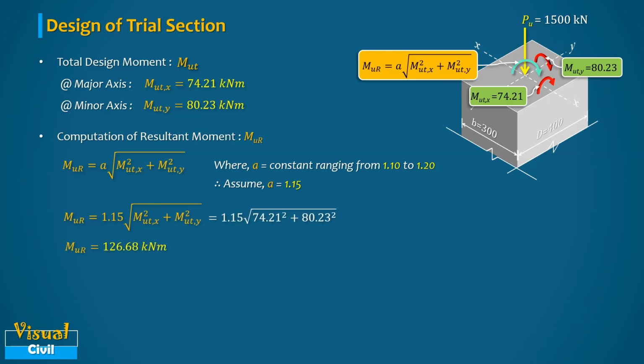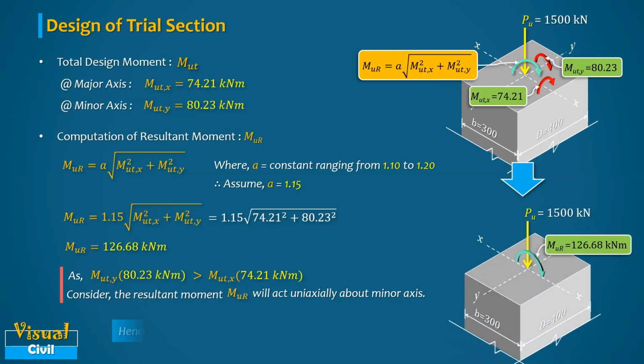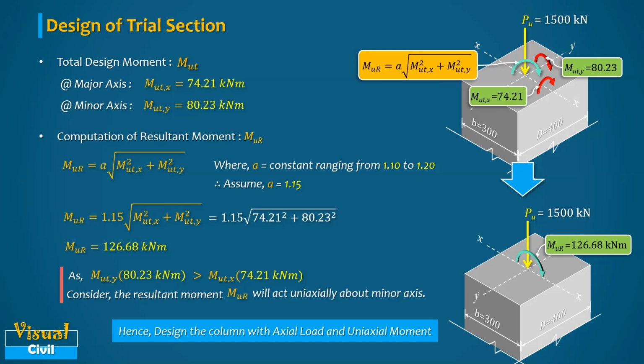As the total design moment about minor axis MUTY is greater than that about major axis, consider the resultant moment acting uniaxially about the minor axis. Consequently, this design problem simplifies to the design of a column subjected to axial load and uniaxial moment.